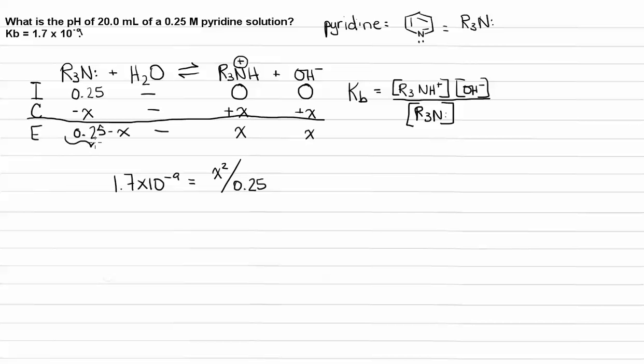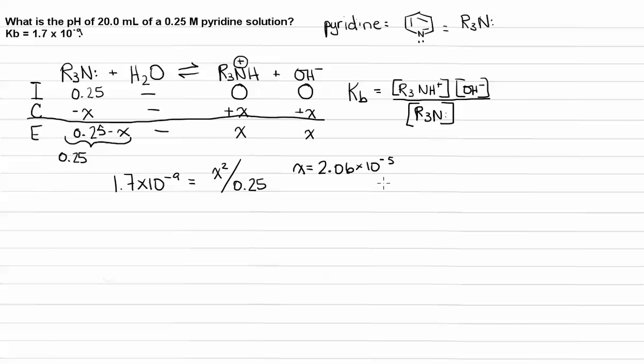To just simplify the math, we're assuming that the equilibrium isn't going to shift too far to the right, and at equilibrium the concentration of weak base pyridine is still going to be about 0.25 molar. So that's why we have 0.25 down here in our equilibrium constant expression. So then we're going to solve for x. X is equal to 2.06 times 10 to the minus 5.